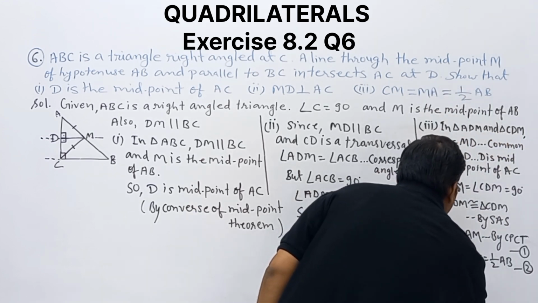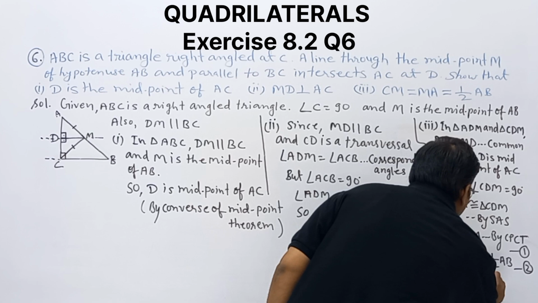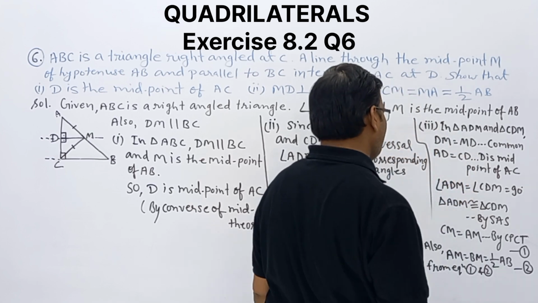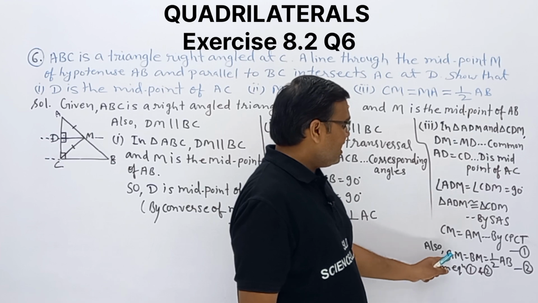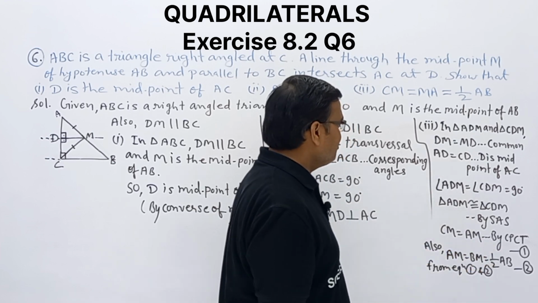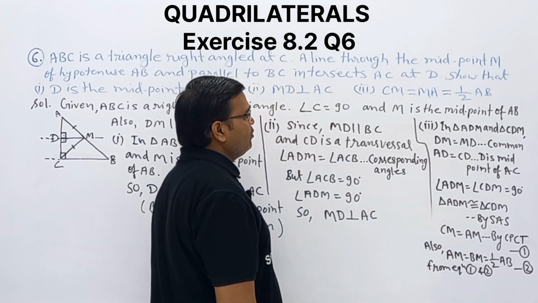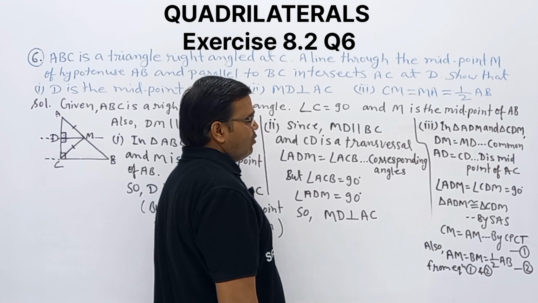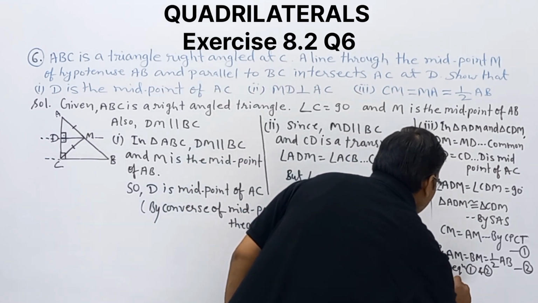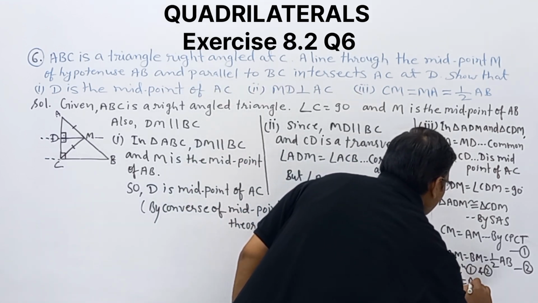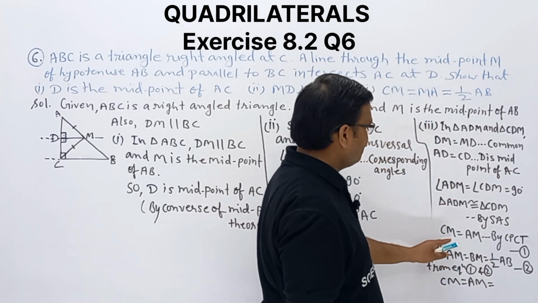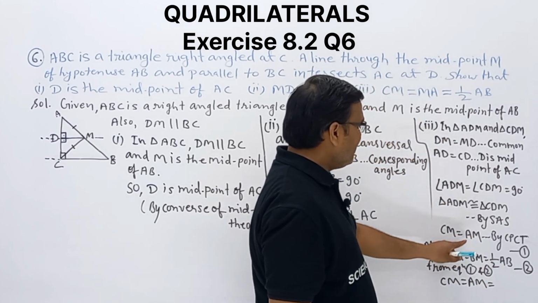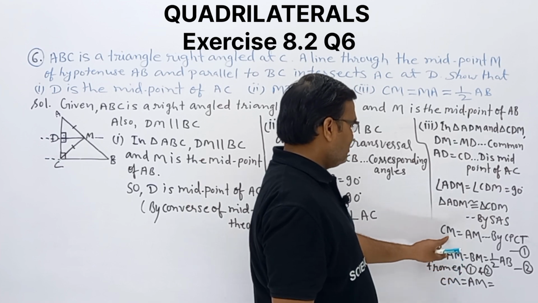From equation 1 and 2, once we compare, CM equal to AM, and AM equal to BM equal to half of AB.